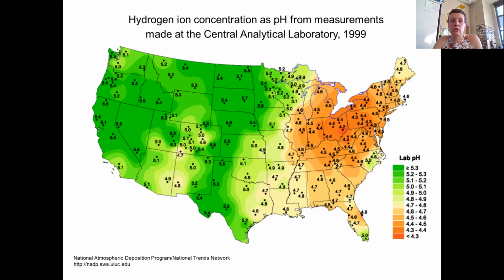Normal rain is going to be those dark green areas. So if you look at where we live in Wyoming, we're in that dark green, maybe just a slight shade lighter green area where we live here in Laramie. So we have fairly normal rain, slightly more acidic than that 6 pH, okay?